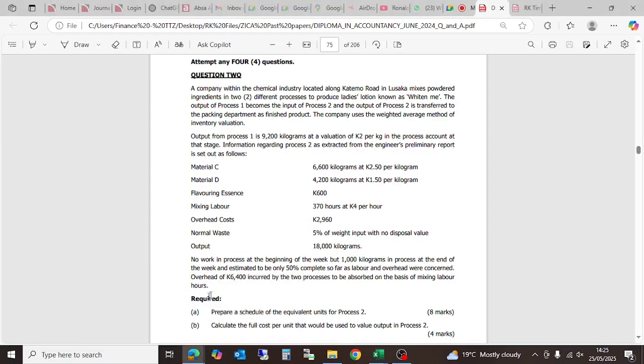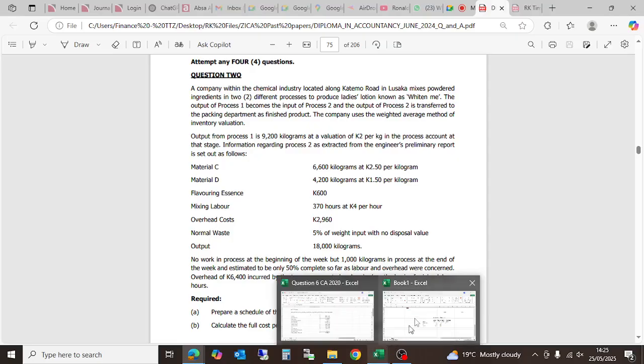Let me show you. I want you to understand this. No work in progress at the beginning of the week, but 1,000 kilograms in process at the end of the week, and estimated to be 50% complete. The 50% is only affecting labor and overheads, and it's only affecting the work in progress, this 1,000. It's not affecting the entire output. You get it.